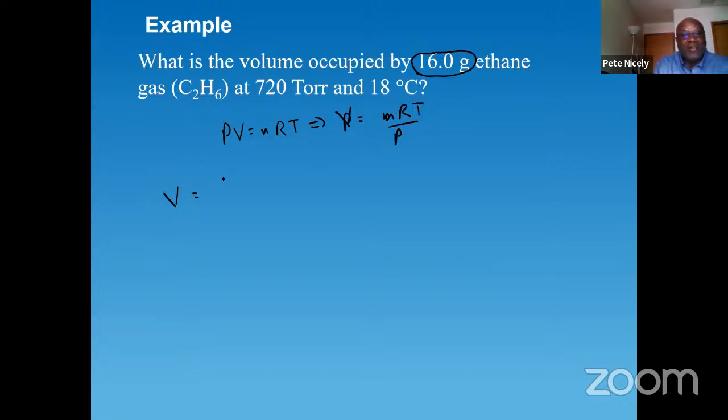So what I'm going to do here is write down 16.0 grams, and then I'm going to multiply by a conversion factor, which allows us to convert from grams to mole, which means I'm going to need to determine the molar mass of C2H6. So let me do that calculation right now.